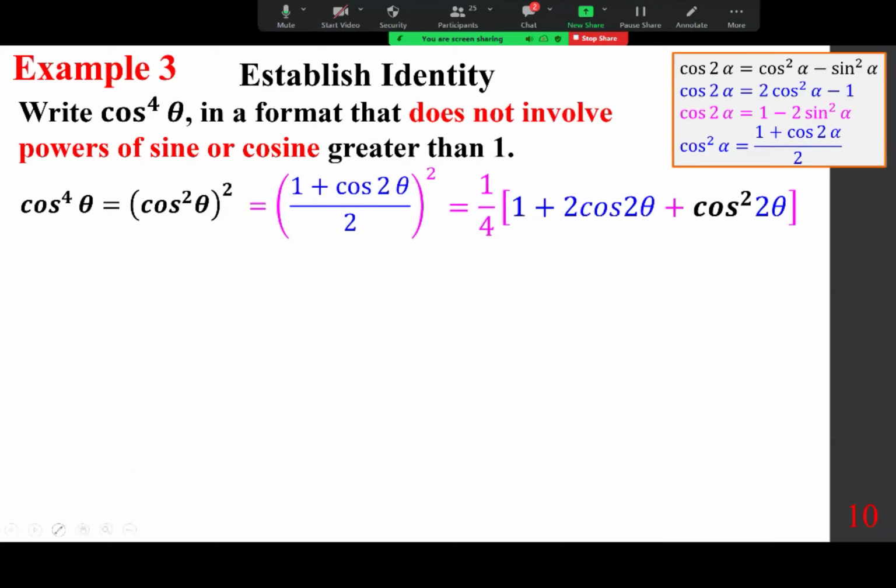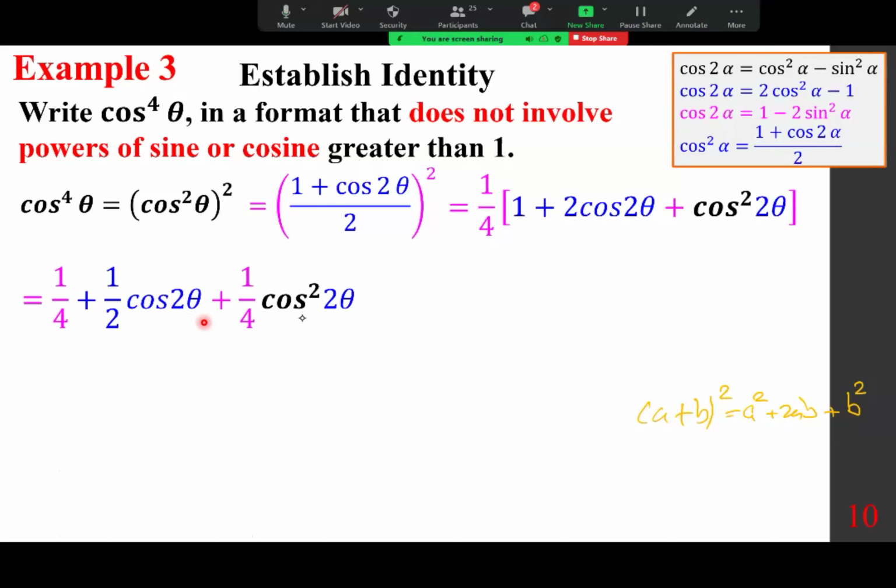Okay. Now, everything is fine, so we can apply the 1/4. Everything seems good, except this one has cosine squared, and we want to change that.